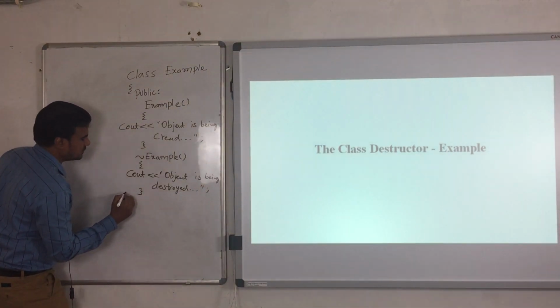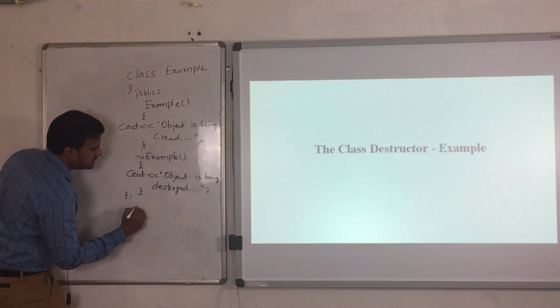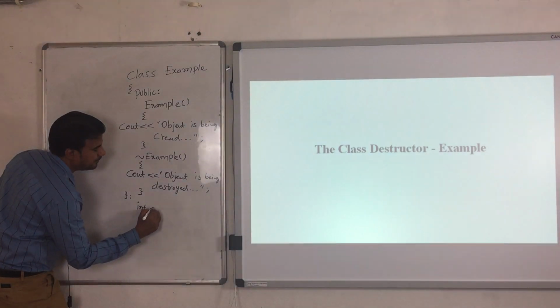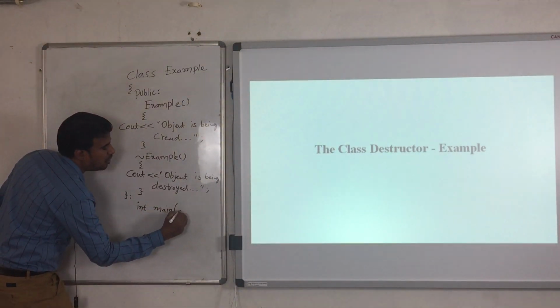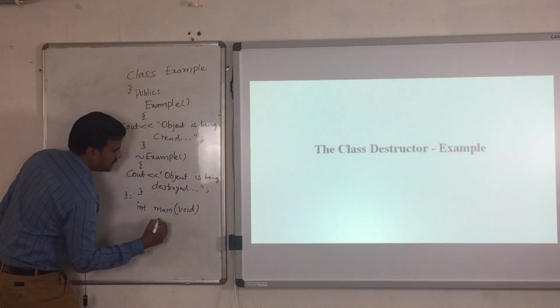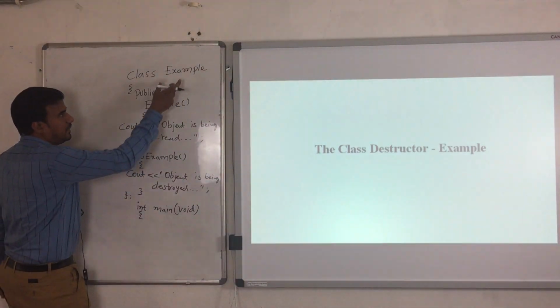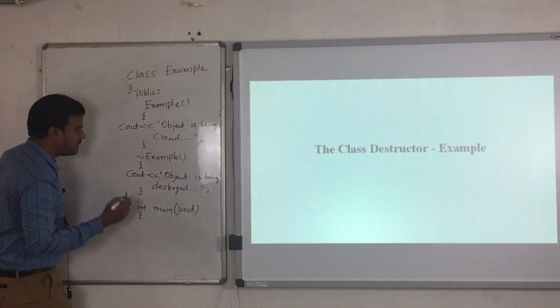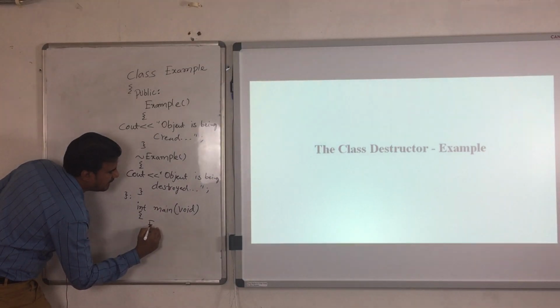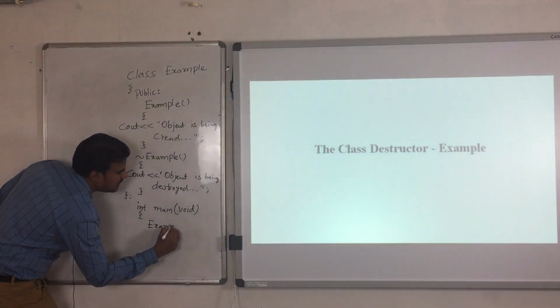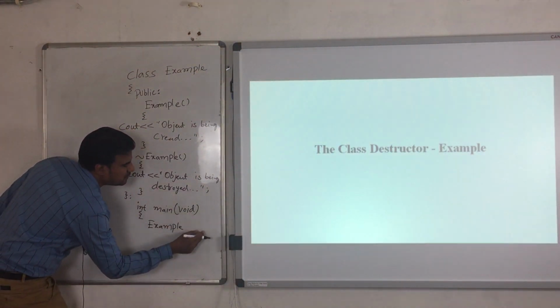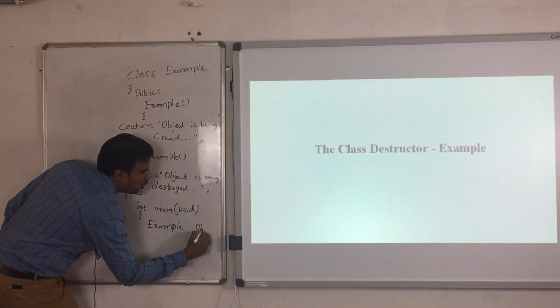So here you close, and close the class, and inside your main, int main of void, simply create the object of this Example class. So I am taking the class name Example followed by the object name, that is obj.